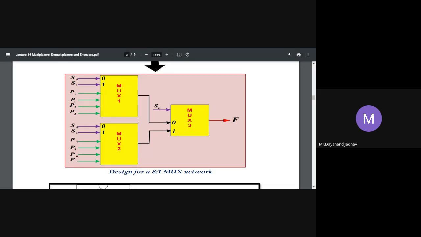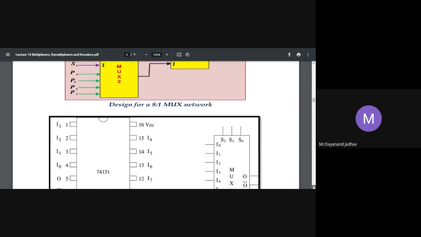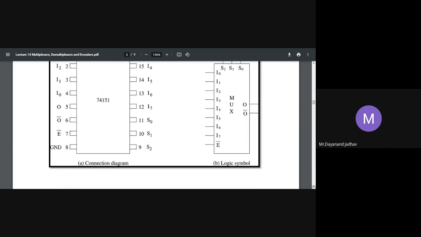If suppose we consider select inputs 0 0 0, then P0 is created in the output, just like that. Here we consider a 2 to 1 mux and an 8 is to 1 mux by using two 4 is to 1 mux design. In this way we can implement the multiplexer design.